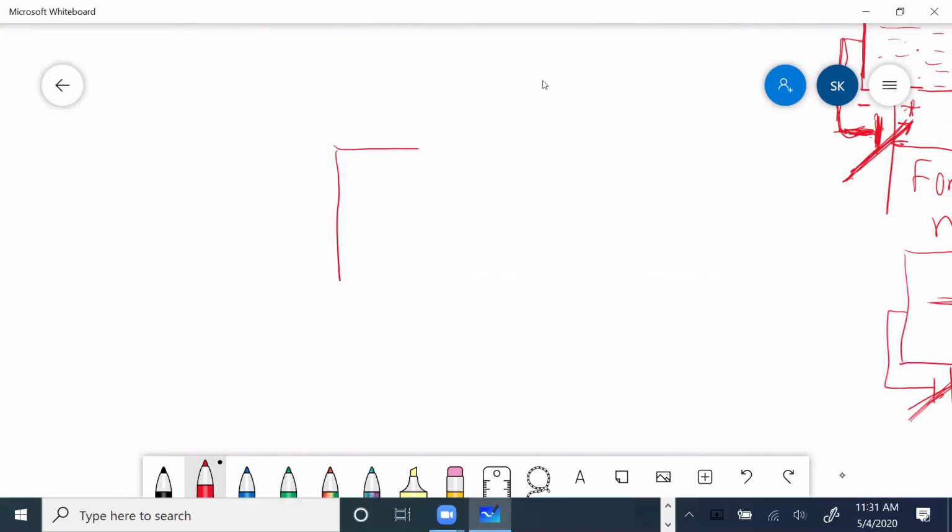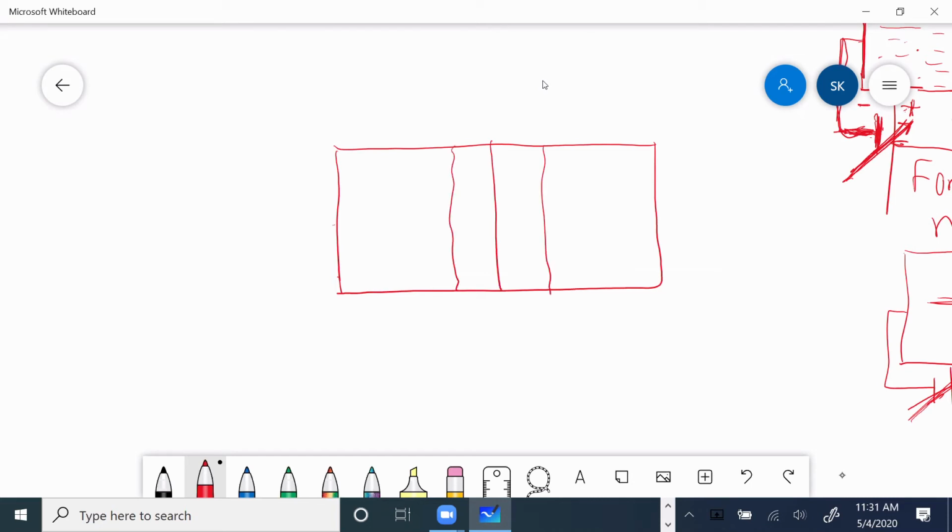I had this PN junction with this depletion region and this kind of battery, which I'm going to alter.